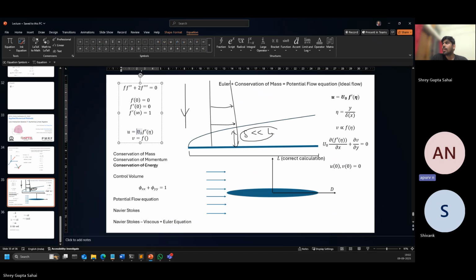Why can we call it a boundary value problem? Because we have the boundaries, right? We have velocity at the plate that is zero. The other boundary is not well defined. Boundaries have to be well defined to call it a boundary value problem.